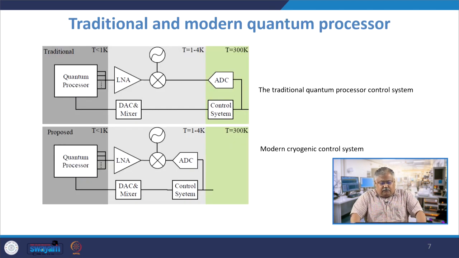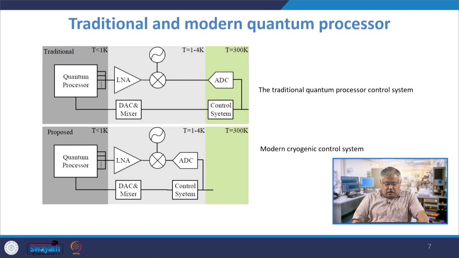Now, there are two mechanisms or variations available here. The traditional way to approach this problem, which was done about a decade ago in many cases, was to keep the ADC and the control system at 300 Kelvin, and there was a long wire going from 4 Kelvin to 300 Kelvin. Since this wire was seeing a temperature gradient, a good amount of thermal noise was being introduced into the ADC, and not only that, there was a signal integrity issue also.